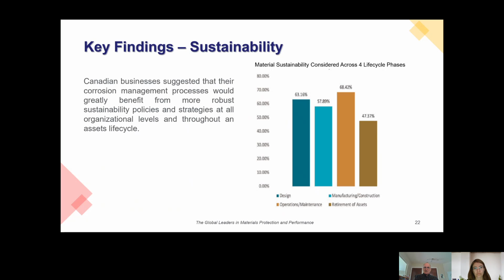There's a lot more work that can be done here, but again, we looked at material sustainability across all the different life cycle phases, with an idea of identifying gaps or where improvement can be made. So hopefully that gives you an idea how sustainability can work together with corrosion management. And I'll hand it back to Monica.